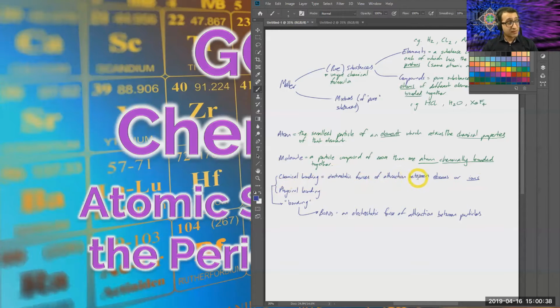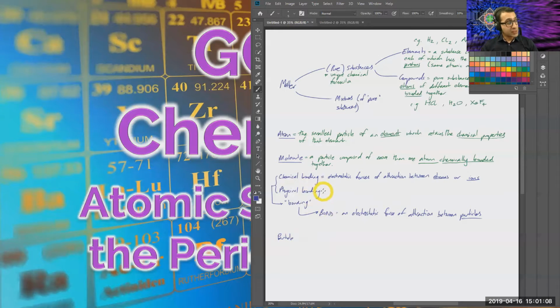It's an electrostatic force of attraction between particles, but those particles are atoms or ions. So here we see that there is a distinction between at least 3 different kinds of particles that we've named. Atoms are particles, molecules are particles, ions are also particles. And so we need to define the word particle as well and distinguish between them, because these are words you'll see used on pretty much every page of every chemistry textbook everywhere.